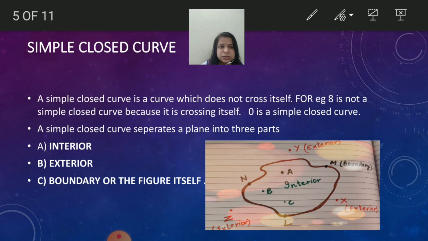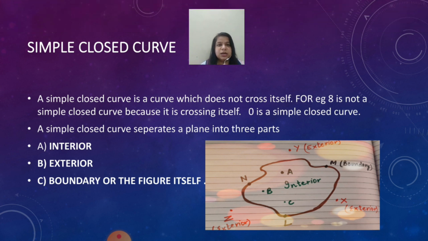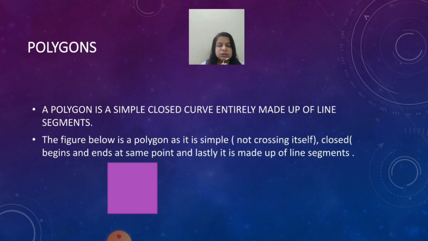Outside the boundary of the curve, all those points are in the exterior, and that part is called the exterior of the curve. And any point on the boundary of the curve is called the boundary or the figure itself. Now next we have to discuss polygons.